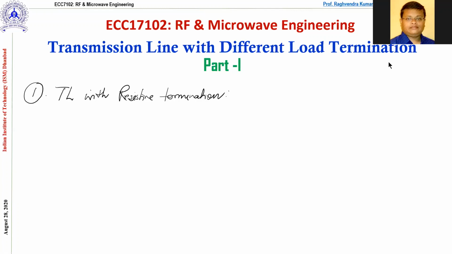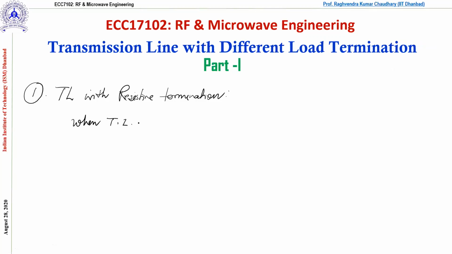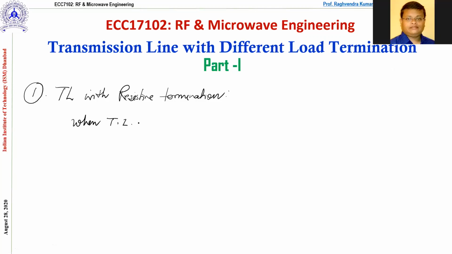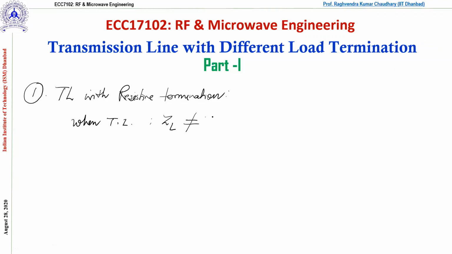It means that first we need to understand that when any transmission line is terminated with, let's say, load ZL, and the situation is like ZL is not equal to Z0. Fine. So in that case, what may we expect? We may expect the reflected wave. Means for incident wave, there must be reflected waves.